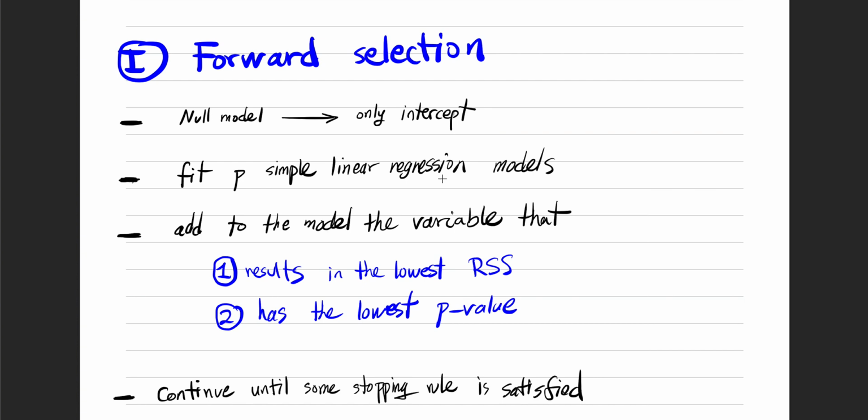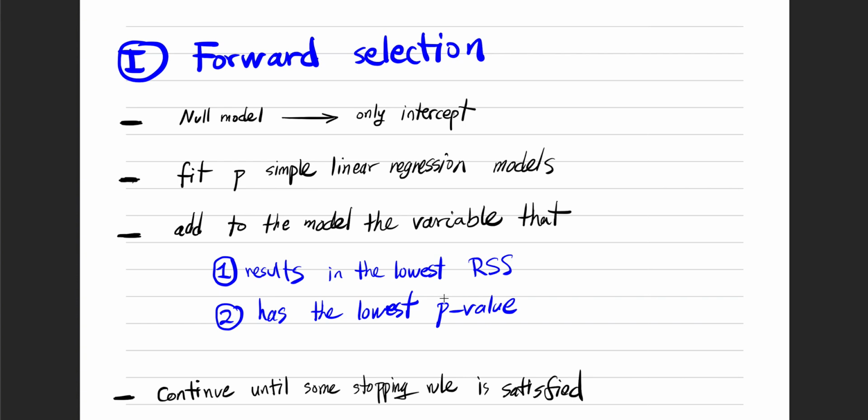Then it will add to whatever the current model is, that predictor with the lowest p-value. That's one way of going. Another way is just to pick the model which leads to the smallest residual sum of squares.